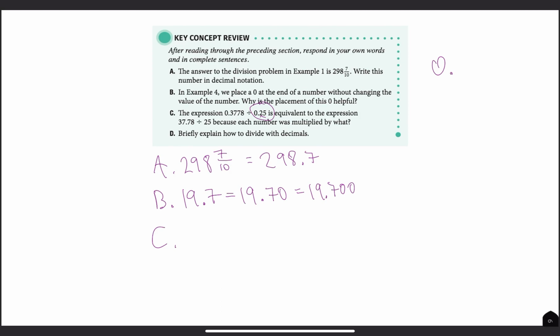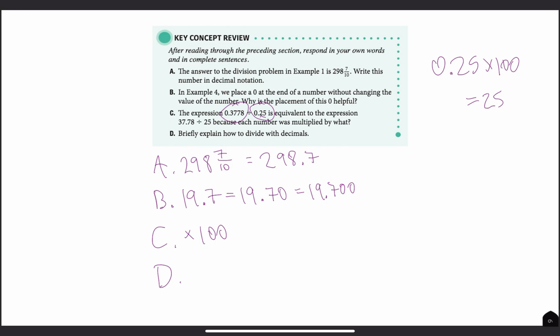So if I have 0.25 and I multiply by 100, I'll get 25. And I have to multiply my other number by 100 as well, moving the decimal point 2 to the right effectively, to keep my expression equivalent. So it was multiplied by 100 in this case.